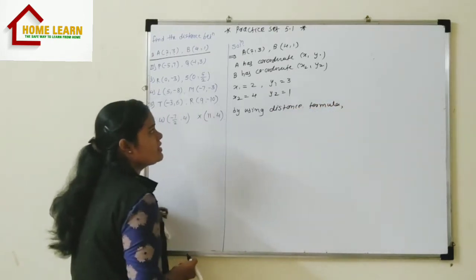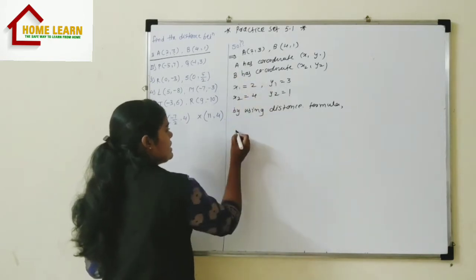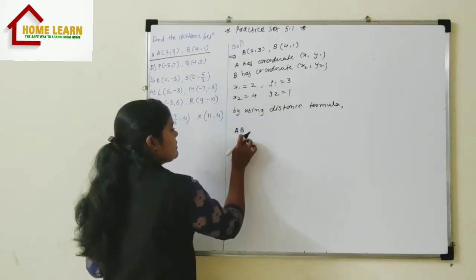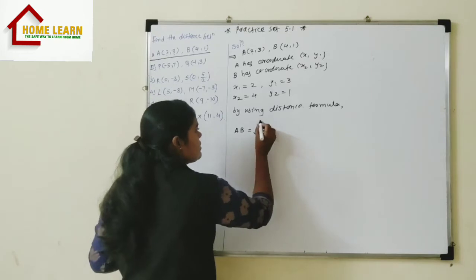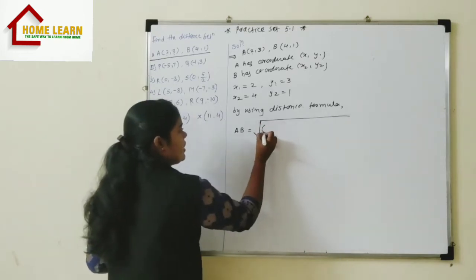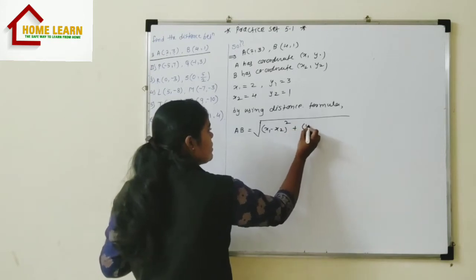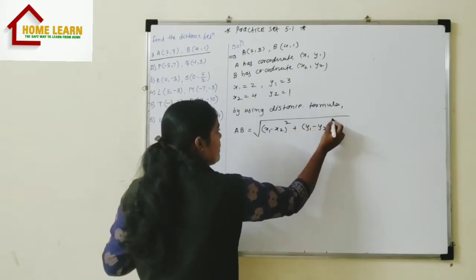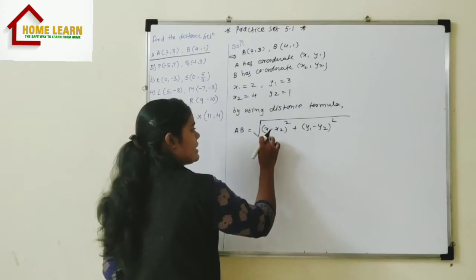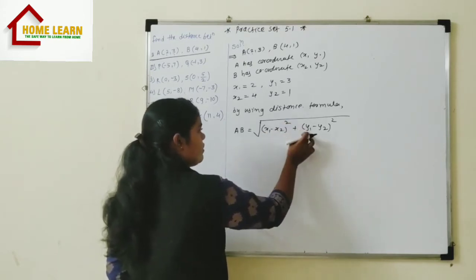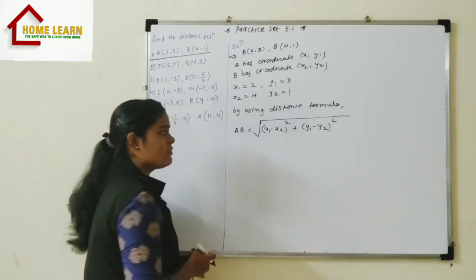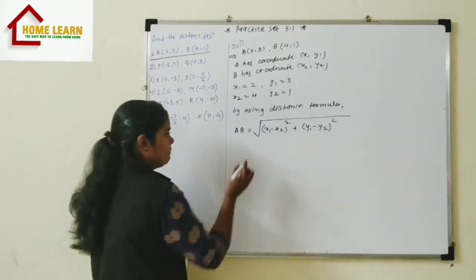As we know, the distance between points A and B is the square root of (x1 minus x2) squared plus (y1 minus y2) squared, or you can take (x2 minus x1) squared plus (y2 minus y1) squared, they are the same.